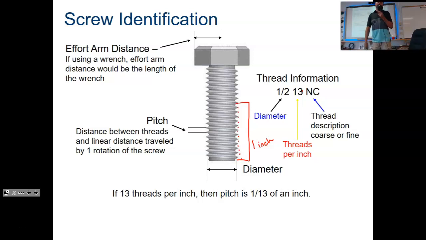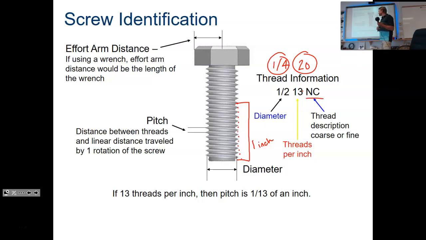There's 13 of those little threads per inch. A really common one would be a 1/4 20. So it'd be a 1/4 inch in diameter, and there's 20 threads per inch. So you can sort of see from these two numbers how different numbers would correspond. Oh, that would be a really thick bolt. Oh, that'd be a really skinny one. Oh, that'd have really fine threads. That would have really big threads.